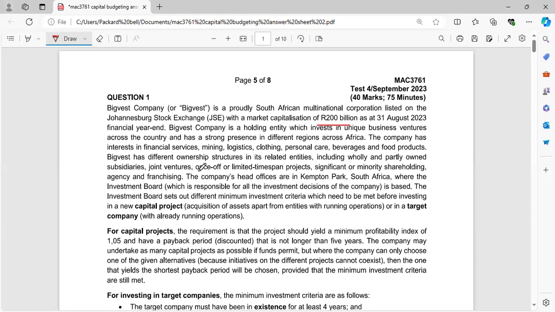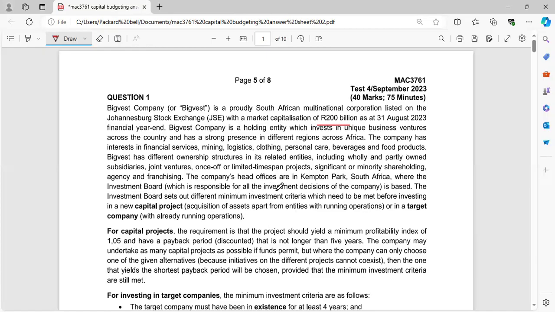Bidvest has different ownership structure in its related entities, including wholly and partly owned subsidiaries, joint ventures, once-off or limited lifespan projects, significant or minority shareholding, agents, and franchising.